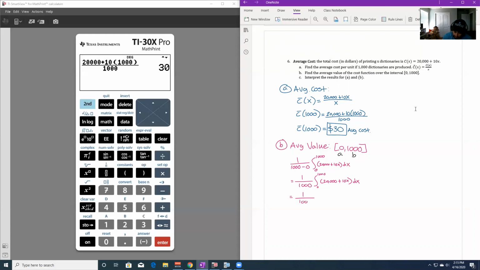And let's do the antiderivative. What is the antiderivative of 20,000? That's 20,000x. Plus, what's the antiderivative of 10x? The 10 stays outside. You power rule the x. You get x squared over 2. Close bracket and evaluate from 0 to 1,000.